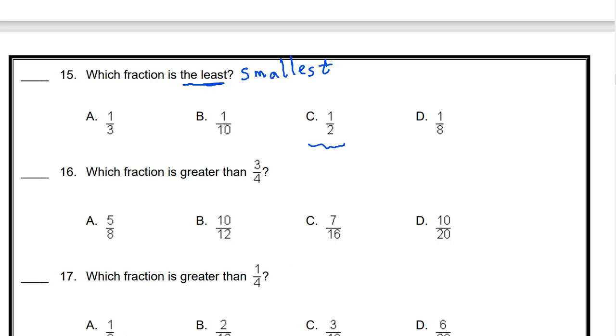Do you remember when we said before, the bigger denominator you have, the smaller fraction you get?